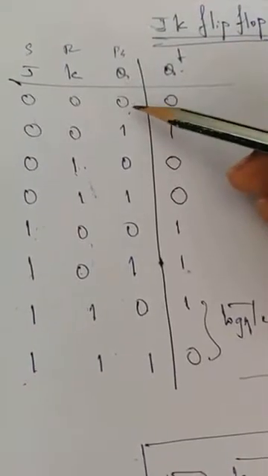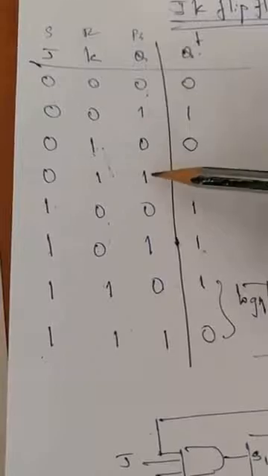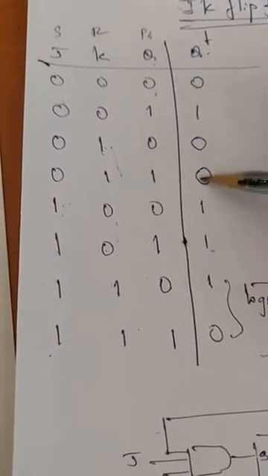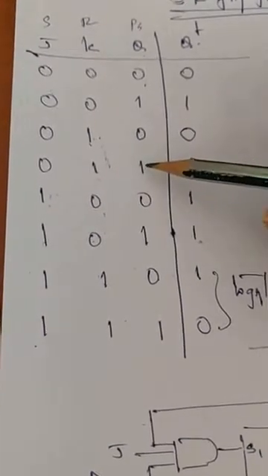So if you want to change Q to Q plus, look at this, Q is 1. If you want to change this 1 to 0, a change must happen, no? When the input 0 and 1 is given, the output has to change from 1 to 0.